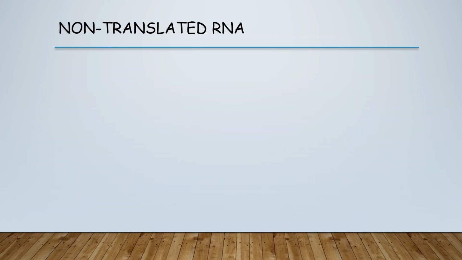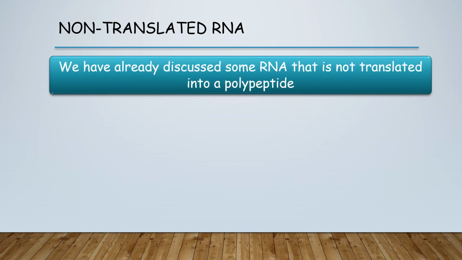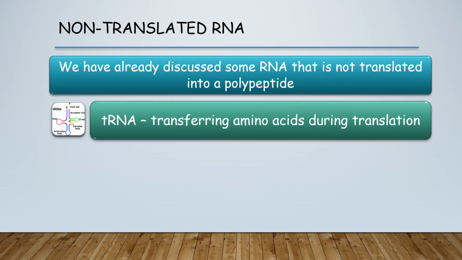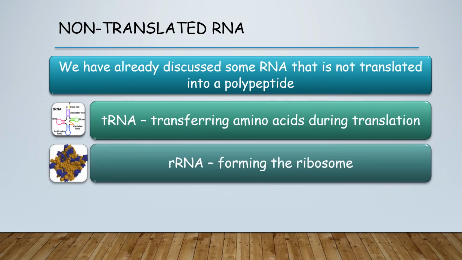Non-translated RNA is something we have discussed during the gene expression key area. It's not translated into a polypeptide. So for instance, tRNA, it will be coded for within your genetic code on your DNA, but it's not converted into polypeptide. Its job is to transfer amino acids during translation.